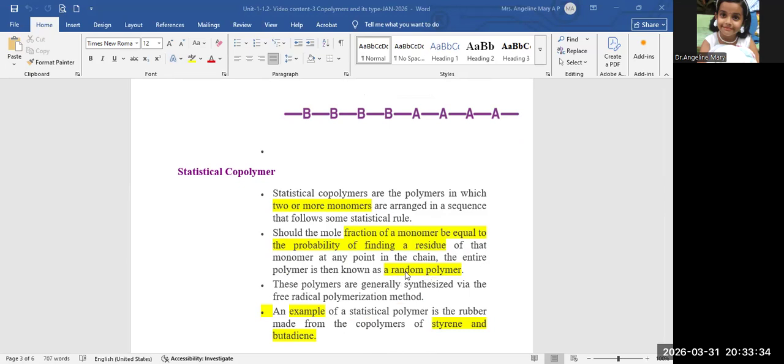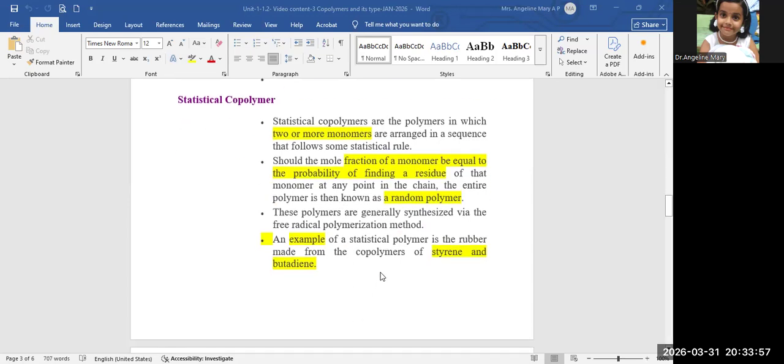The entire polymer is known as a random polymer. These polymers are generally synthesized via the free radical polymerization method, with initiation, propagation and termination steps.